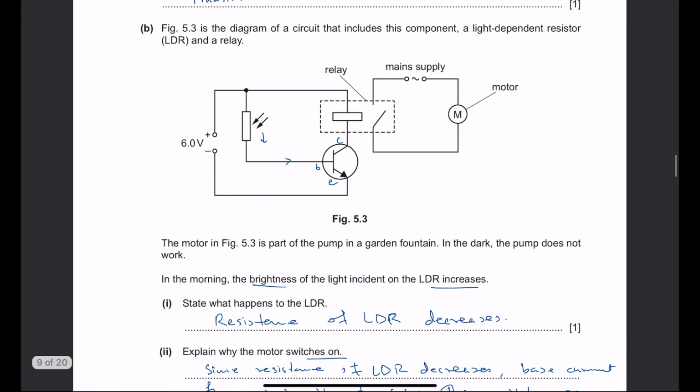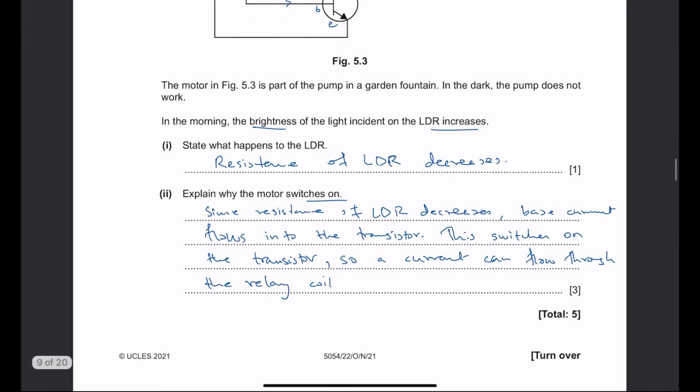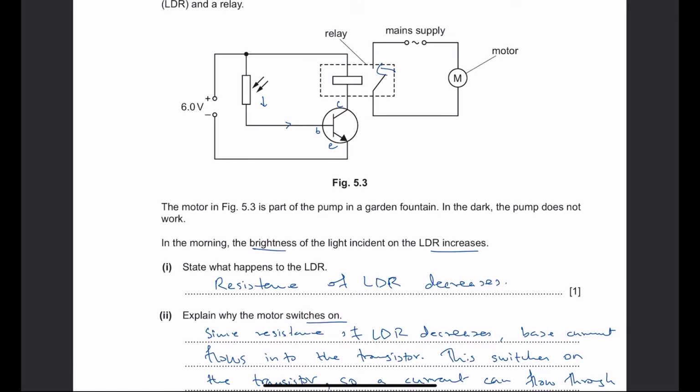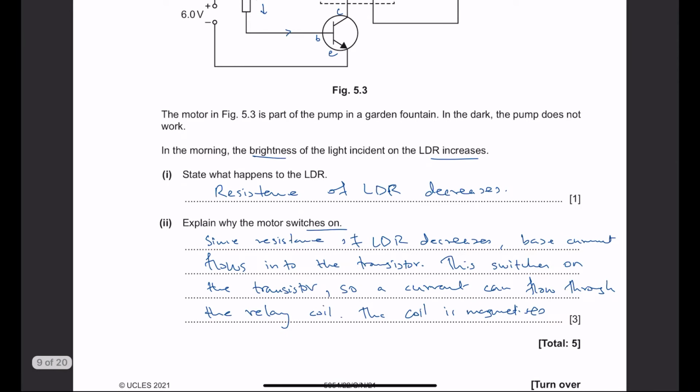Now this rectangular part of the relay is known as the coil. When the current passes through it, the coil is magnetized. So we'll say the coil is magnetized, which basically attracts this switch, and the switch is closed.